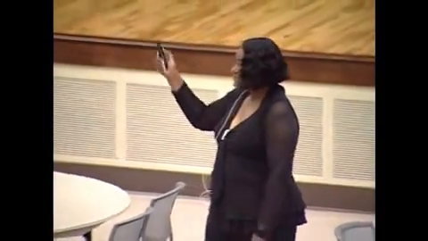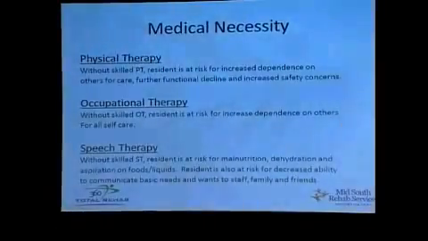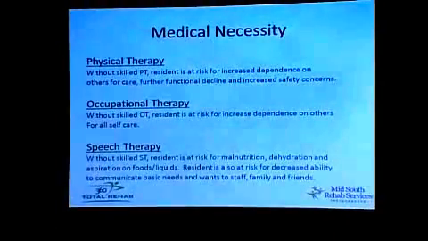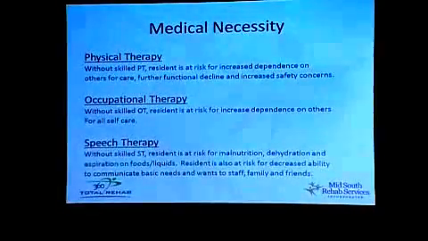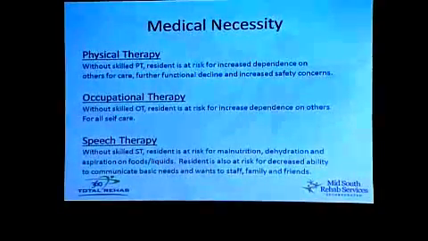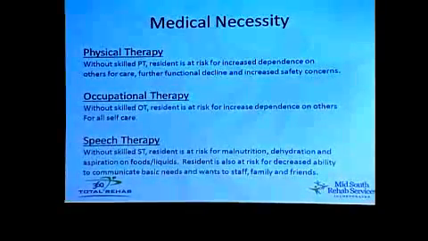Okay, and these are some medical necessity statements. Physical therapy: without skilled PT, the resident is at risk for increased dependence on others for care, further functional decline, and increased safety concerns. OT: without skilled OT, the resident is at risk for increased dependence on others for all self-care.